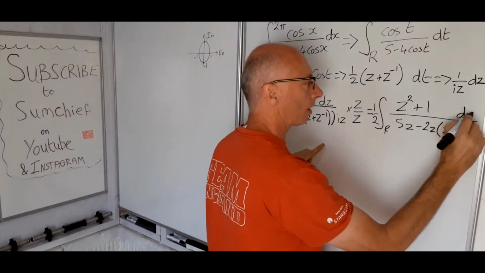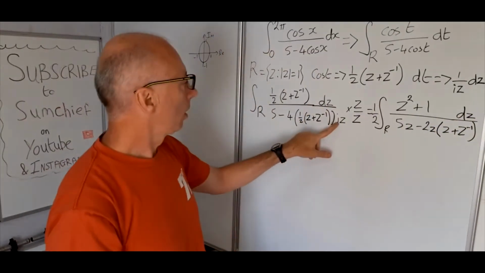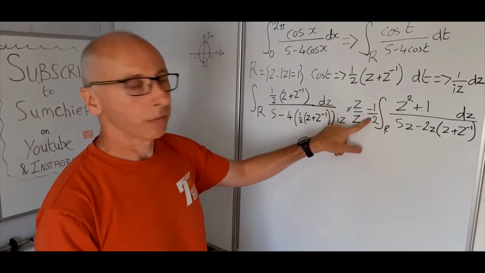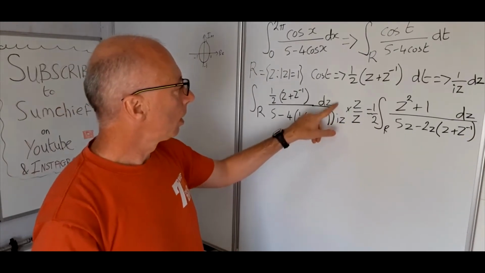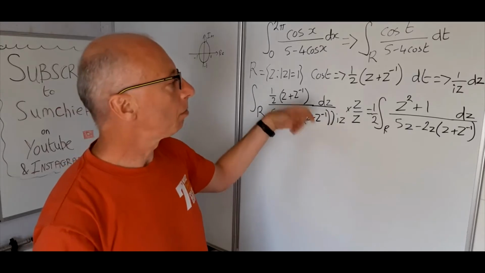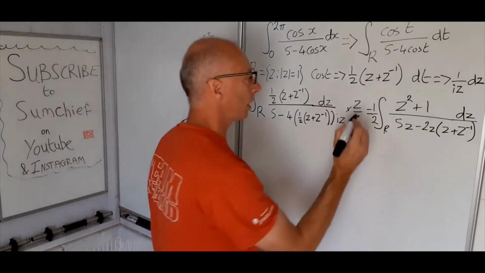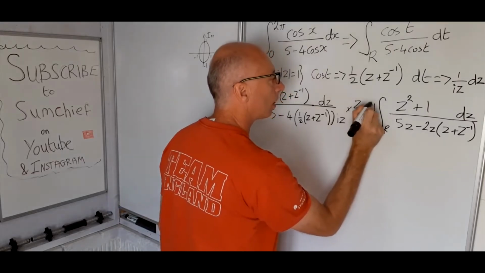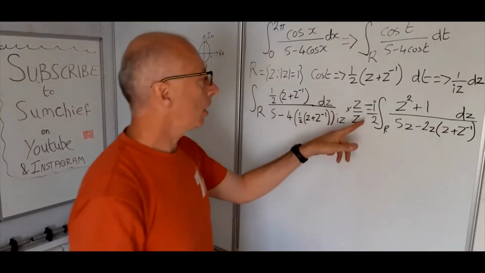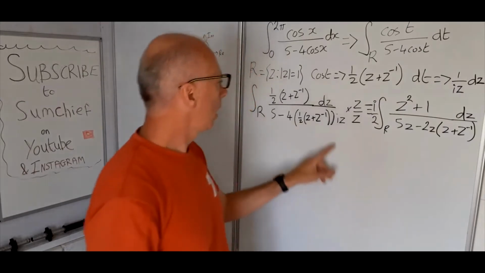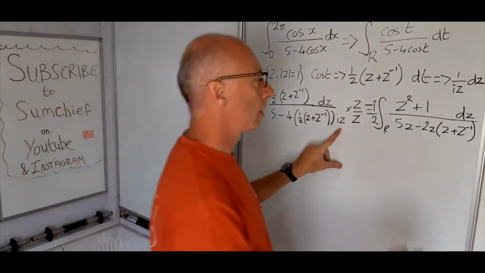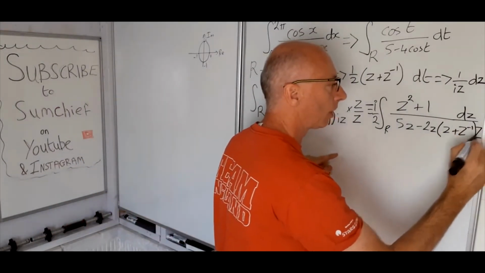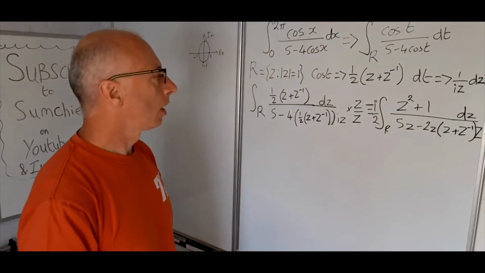The dz goes here. The i can also come out front as a constant multiple. The i in the denominator becomes minus i in the numerator, so minus i over 2, and then we've still got this 1z here.